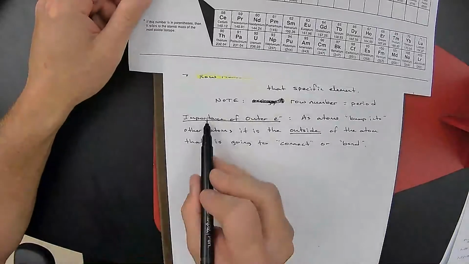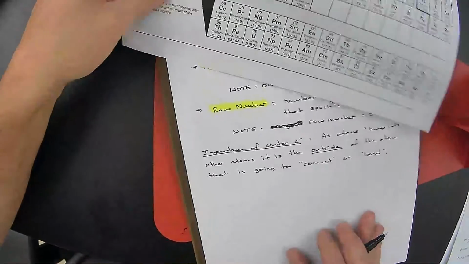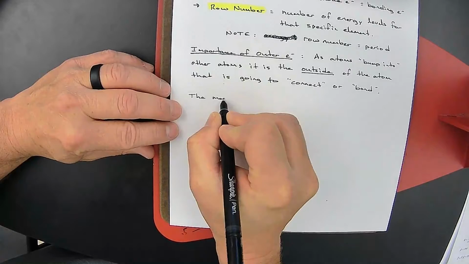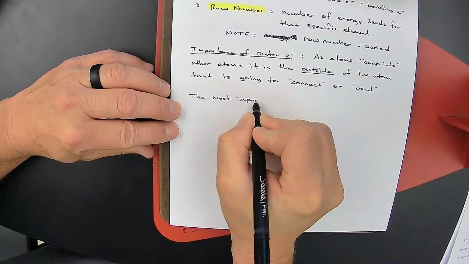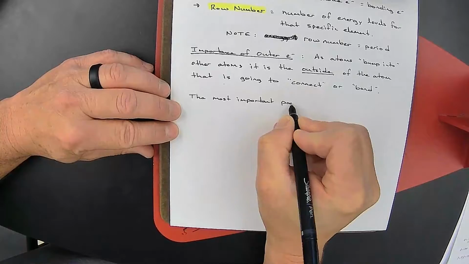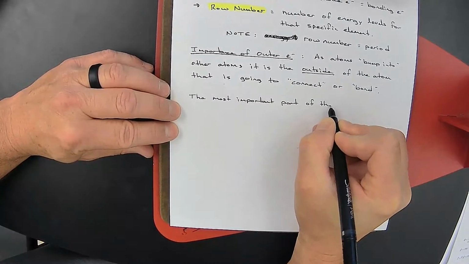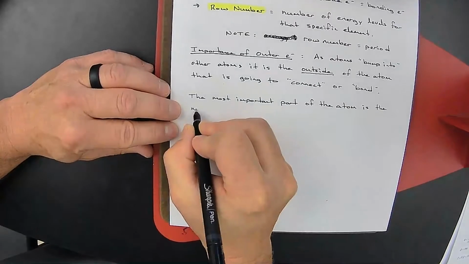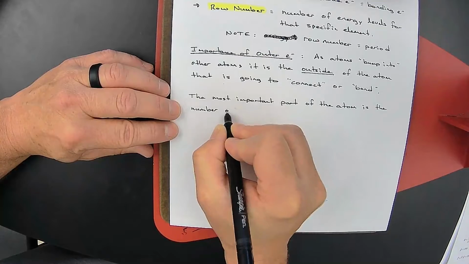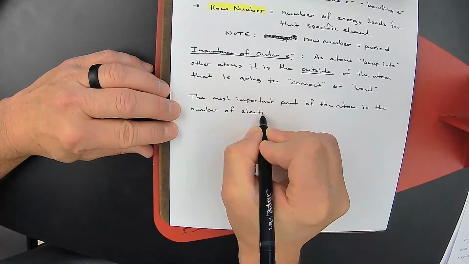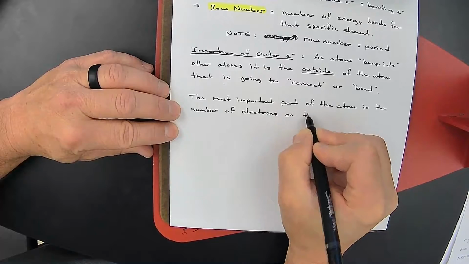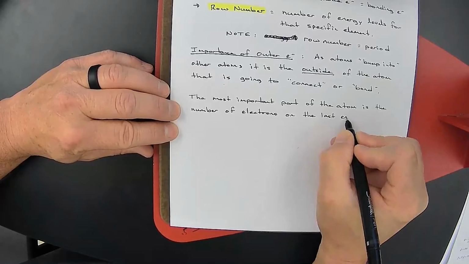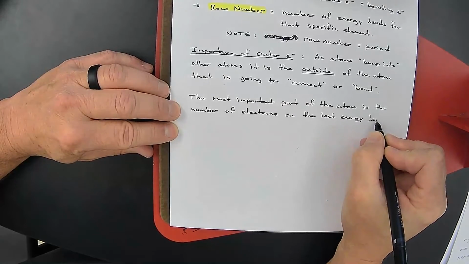The most important part of the atom is the outside of the atom. The most important part of the atom is the number of electrons on the last energy level.